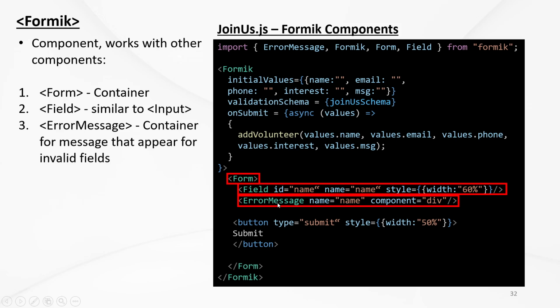This error message is actually a container for message that will appear below this field, if the input data is invalid. So as usual, I have this button, and here is just some default settings such as the initial value and how you handle the onSubmit function here. We will delve more into this if you just take notice of these app volunteer methods.